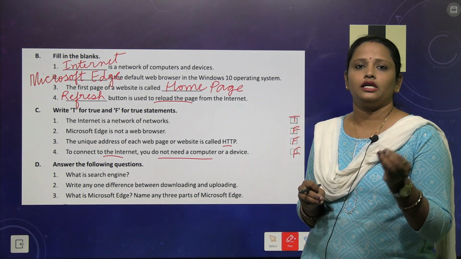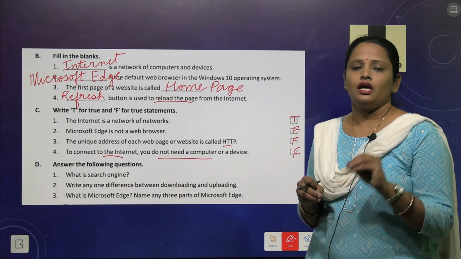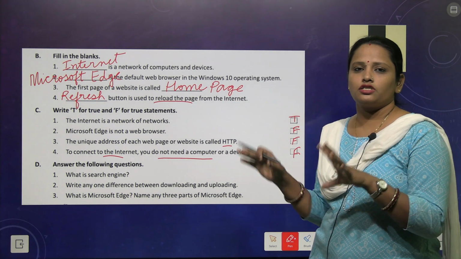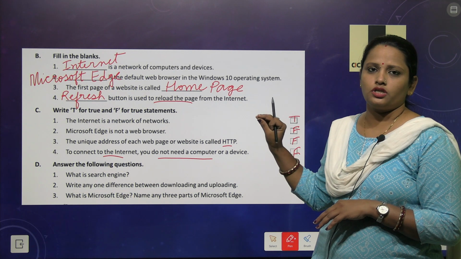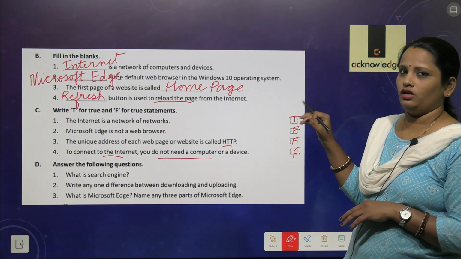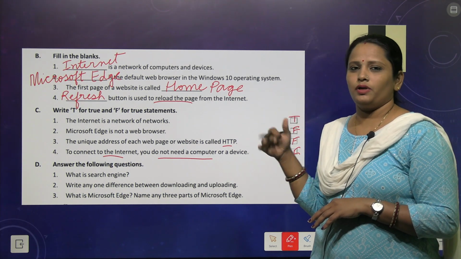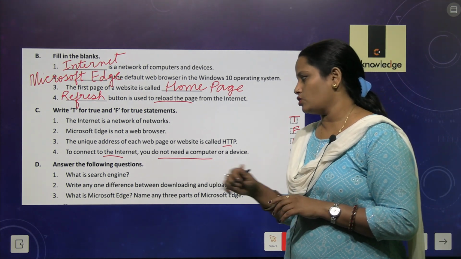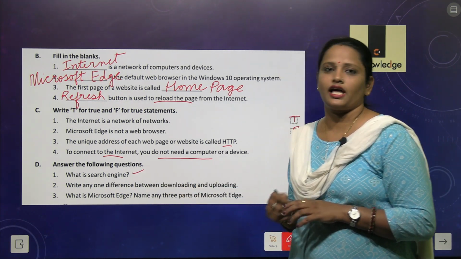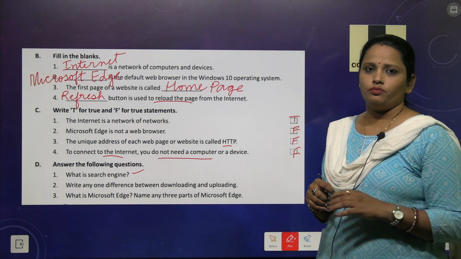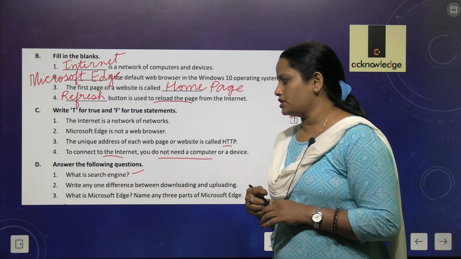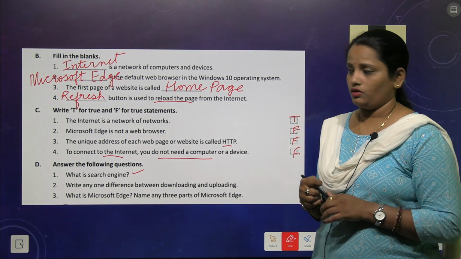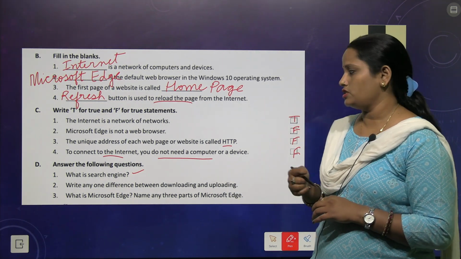It will search and bring the necessary options related to that keyword, and we can simply get the information from there. There are different search engines like Google and Yahoo.